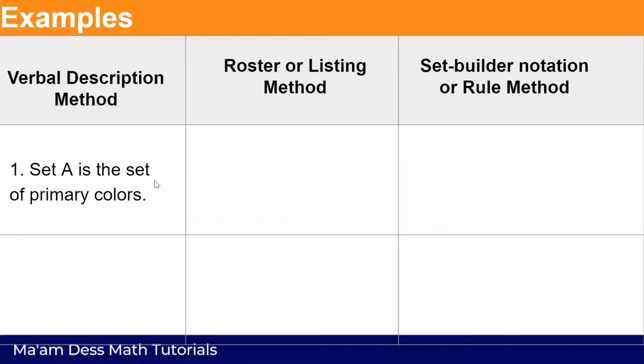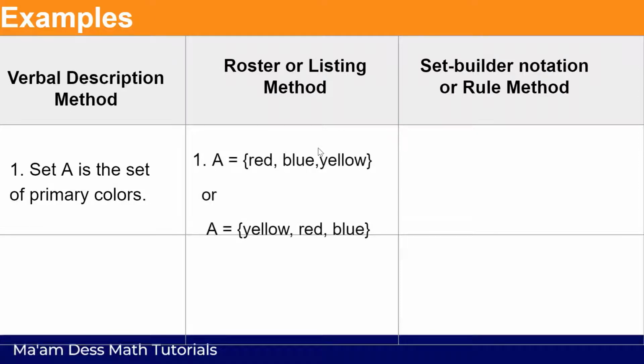Sa verbal description, dinescribe lang yung set na yon ay primary colors. So, dito sa roster method, you have to list down all the elements of primary colors. So we have set A contains red, blue, yellow, or yellow, red, blue. So sabi pa nga po natin, you can list all the elements in any order.